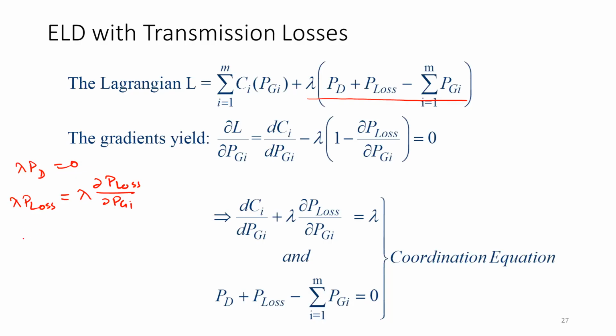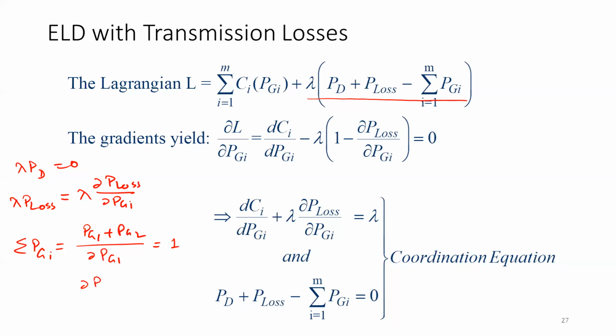Now the last term I have is the partial derivative of my PGi's. Say you have got 2 units. So what is PGi? It will be PG1 plus PG2. So if you do partial derivative with respect to PG1, what do you get? Simply 1, isn't it?